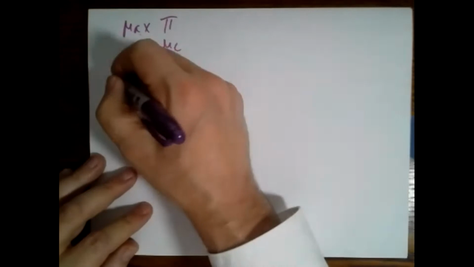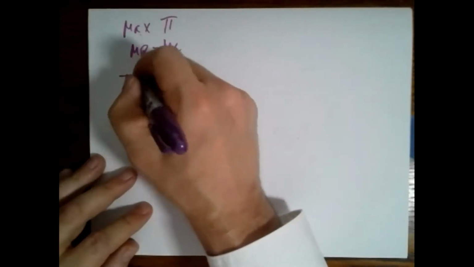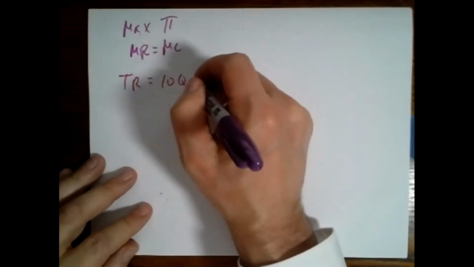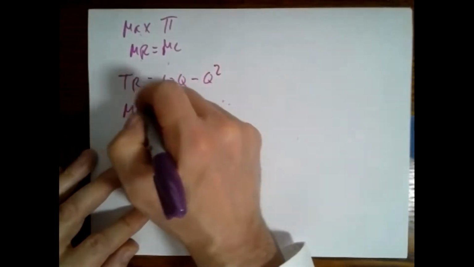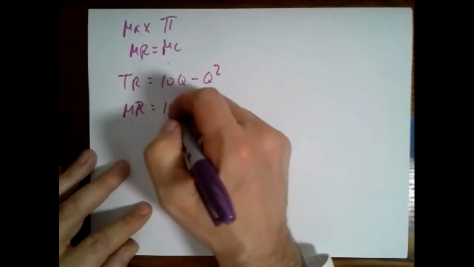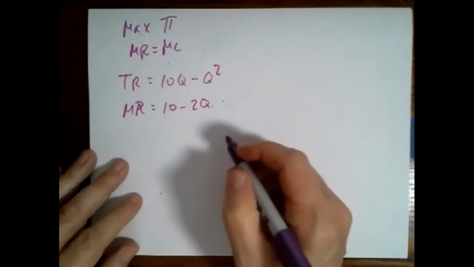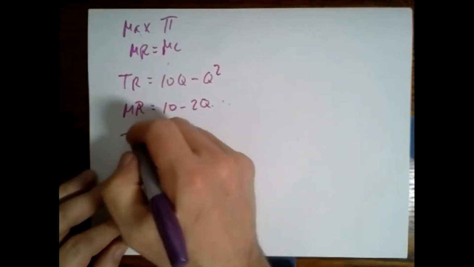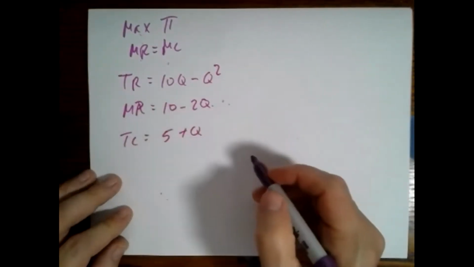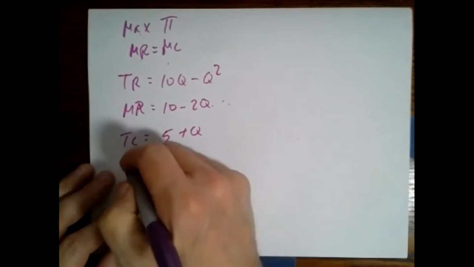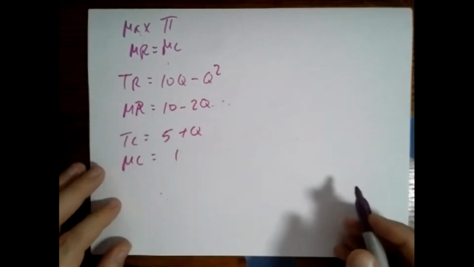We're still assuming that total revenue equals 10Q minus Q squared. Marginal revenue then, as we already said, is 10 minus 2Q. And total cost is equal to 5 plus Q, so marginal cost is simply 1.